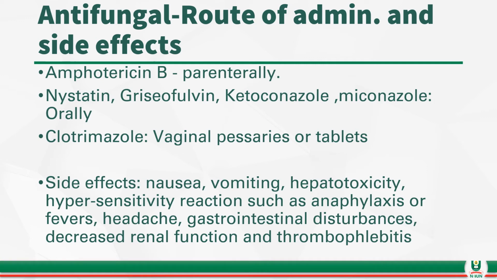Now, let's look at these classes of medications, the antifungal, antiviral, and the antihelminth. Let's look at their routes of administration and the common side effects associated with these medications. Amphotericin B is usually given parenterally, intravenously, and then you have nystatin, griseofulvin, ketoconazole, and miconazole given orally.